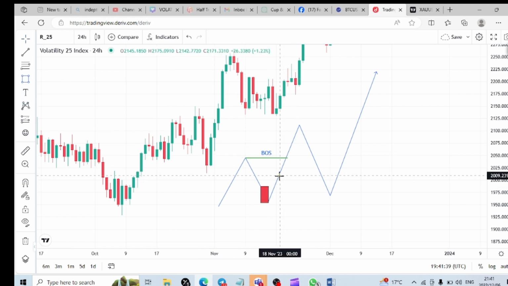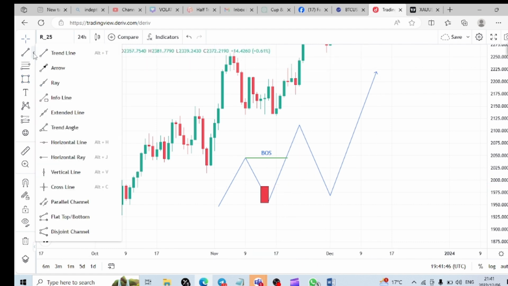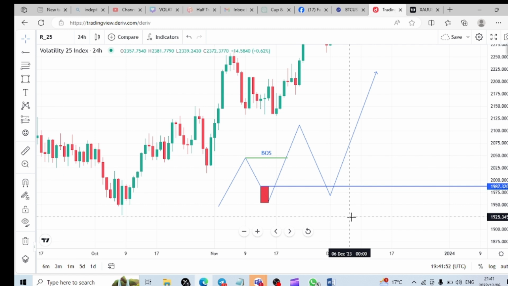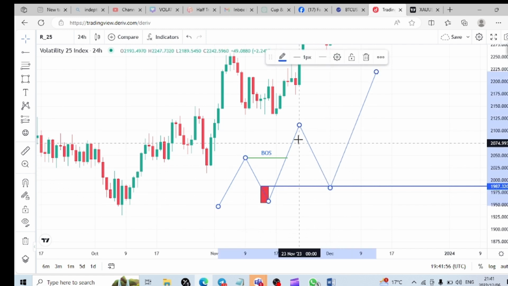So what you do is you mark the body from the top. Okay, you mark the body. I don't want to use the rectangle when I'm marking my order blocks, although most people are used to doing that. So what you normally see is this: price will normally move after grabbing external range liquidity.